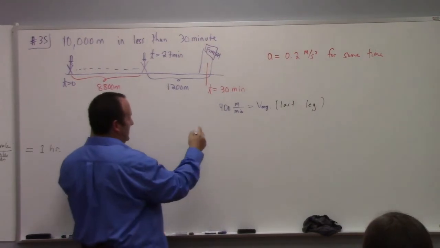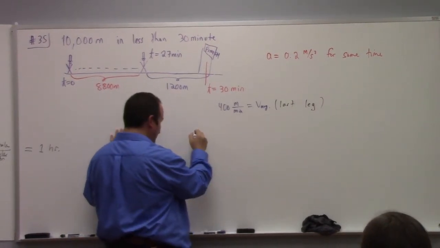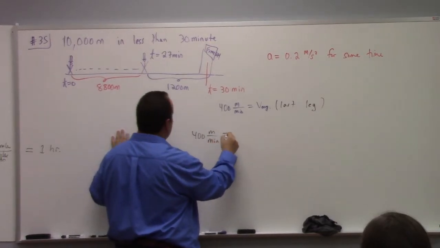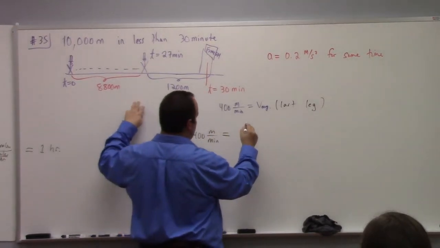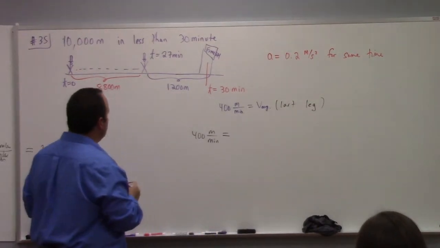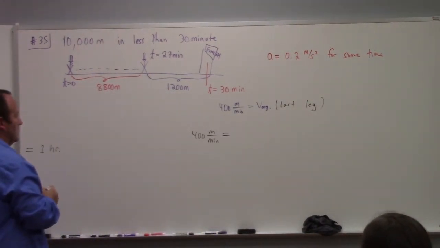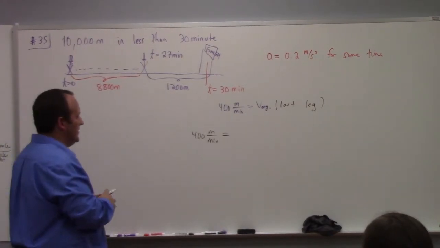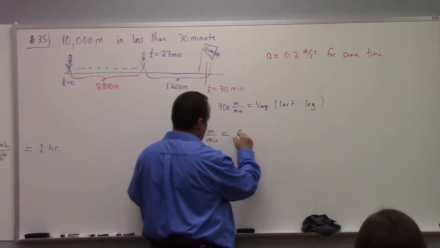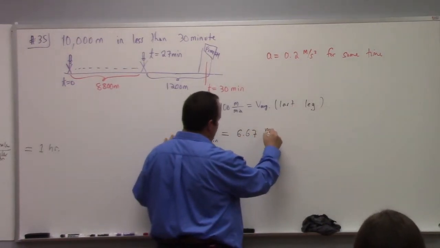But on the other hand, that is equal to what? It's about 6.67 meters per second. Oh, did I do it wrong? Well, you have to... Oh, you're converting to meters per second? Oh, okay. What was that? That was about 6.67 meters per second? Okay.